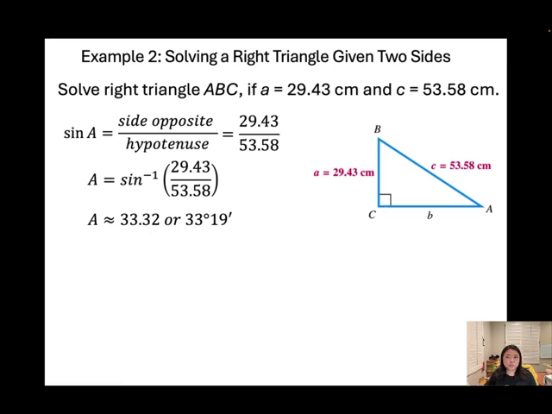After you find the angle A, now you want to find the angle B. You could subtract 33 degrees, 19 minutes, or you could use 90 degrees minus 33.32.